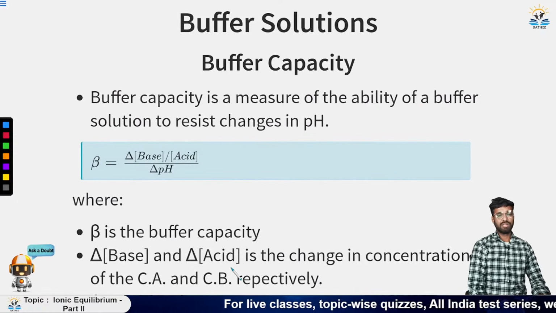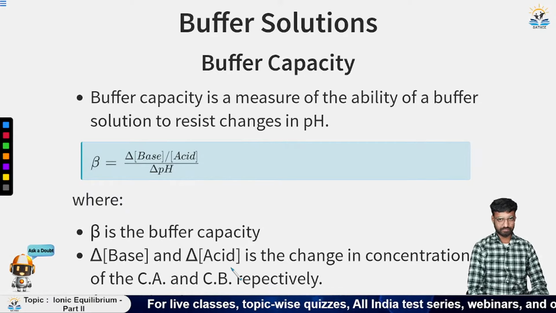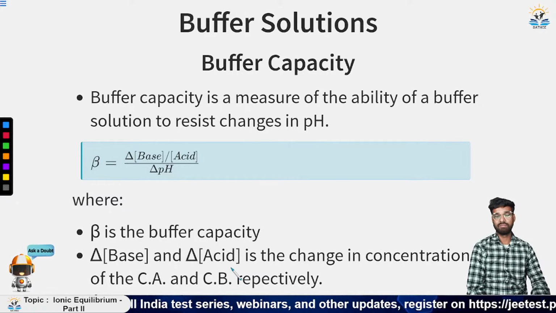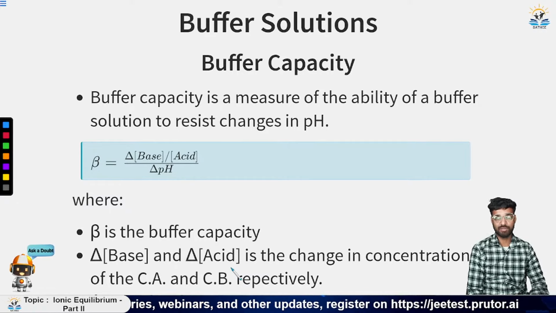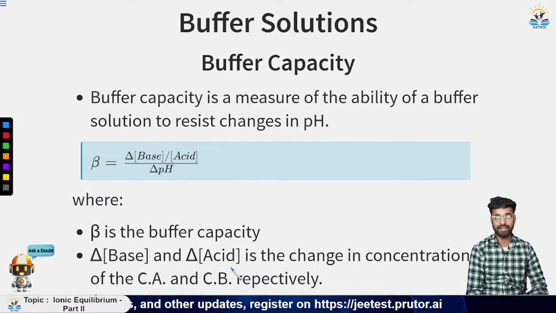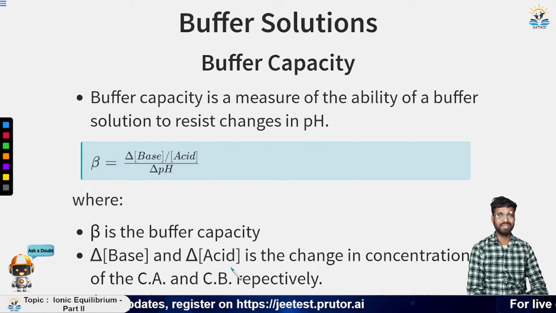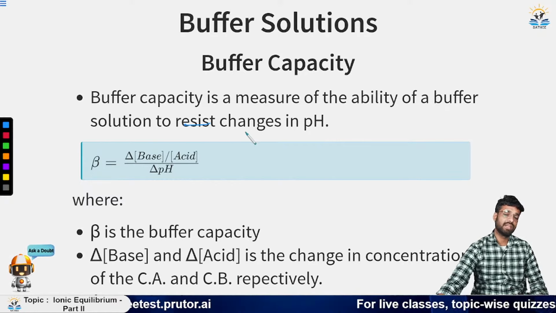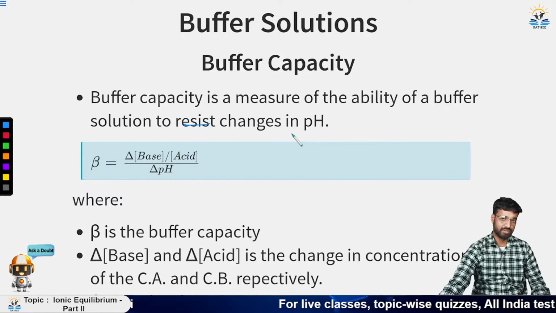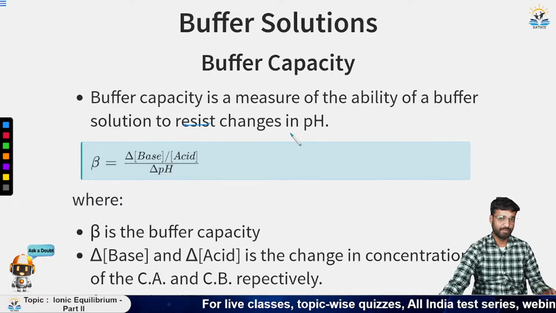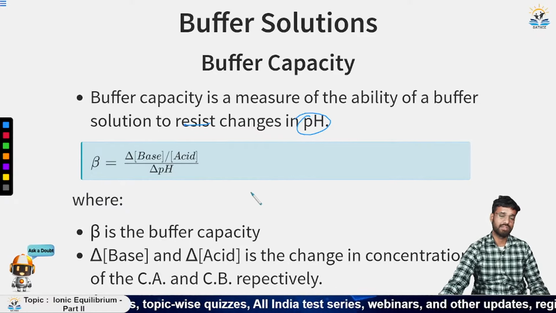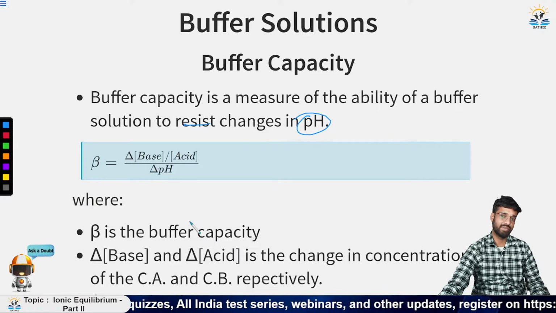Now there is a thing called buffer capacity. It is a kind of strength measure of a buffer solution, that is, how much H plus ion or OH minus ion it can take up and still maintain the pH of the solution. So it is the resistance that is put upon the upcoming H plus and OH minus, so that it cannot change the pH of the buffer solution.